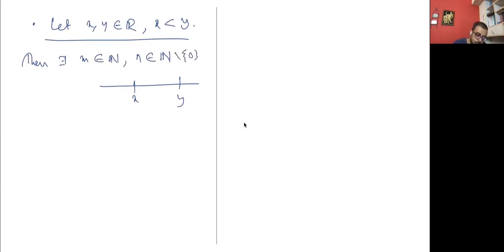Then there exist m and n from N, but n non-zero, such that x less than m by n less than y.